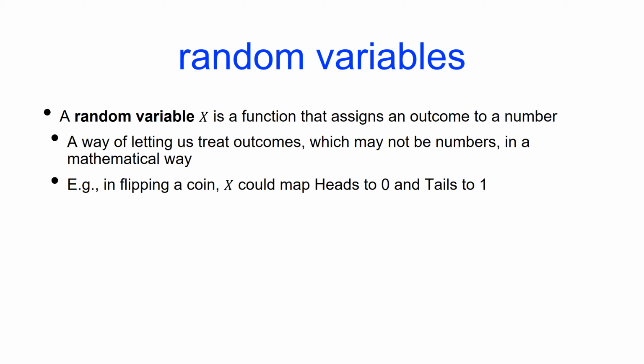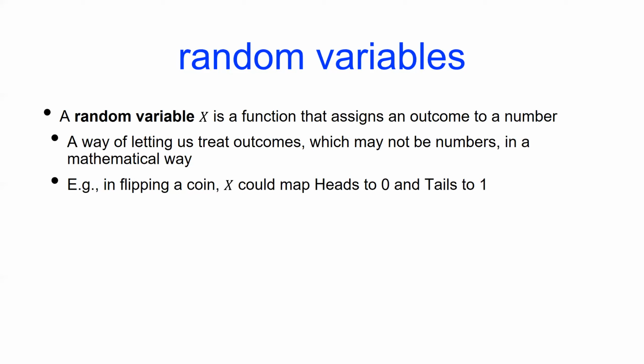A random variable is a function that assigns an outcome to a number. So it's a way of letting us treat outcomes, because we want those mathematical tools to be applied to those numbers.